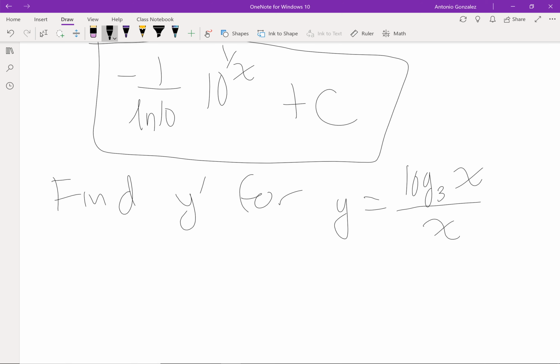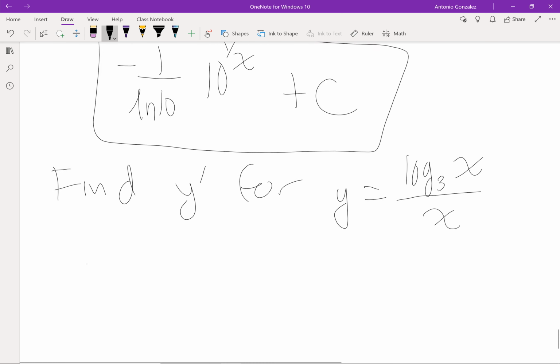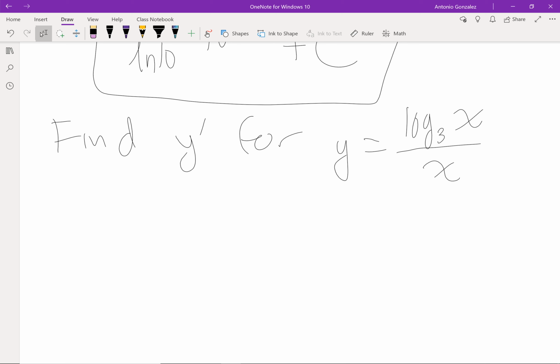All right, so let's take a look here. So let's take y prime equals, and again, if we want to use the quotient rule here, we'll say, all right, x squared.